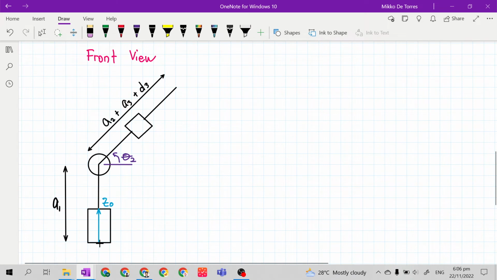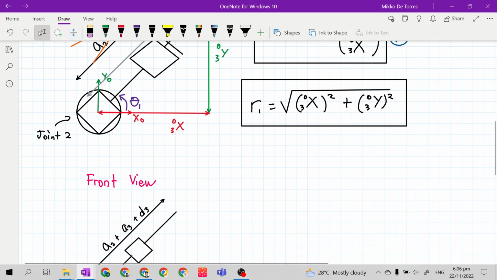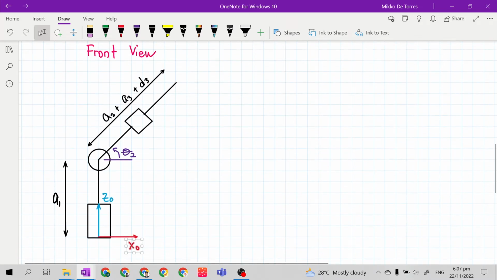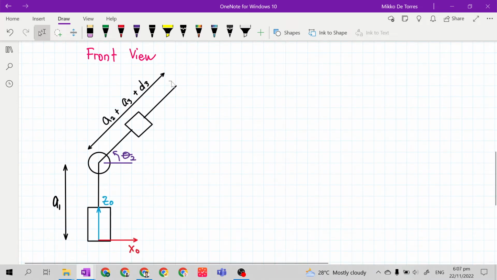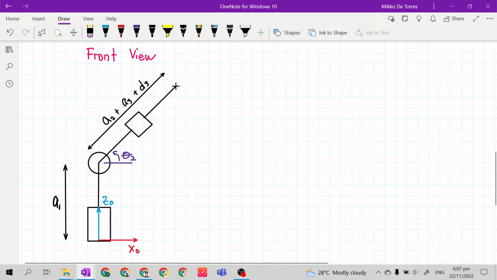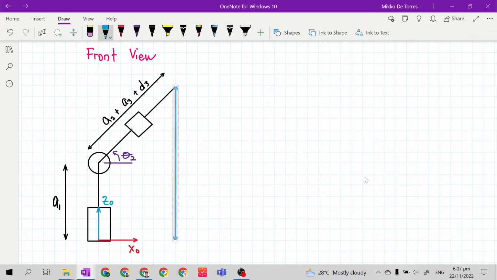So, from the end effector up to the base along the Z0 axis, we have the Z03. So, this is our given coordinate.